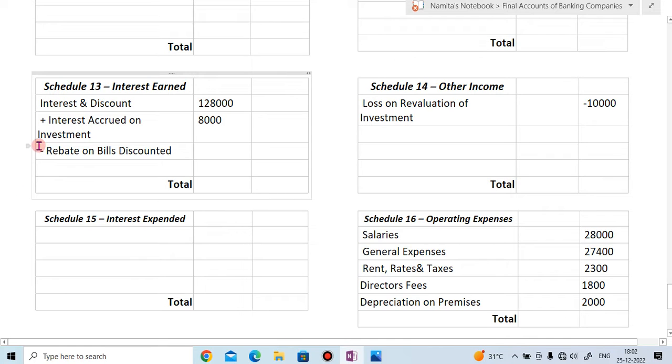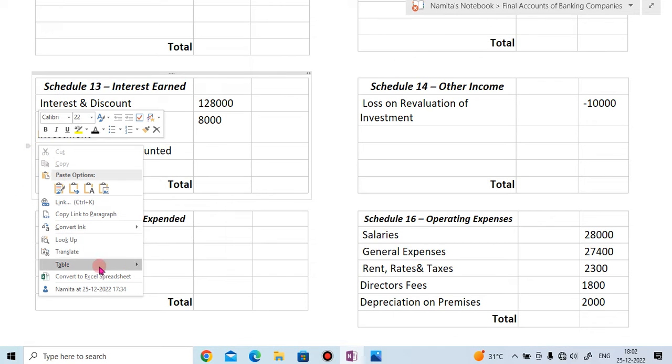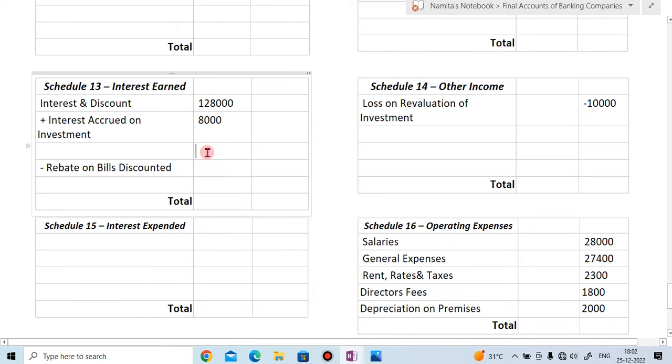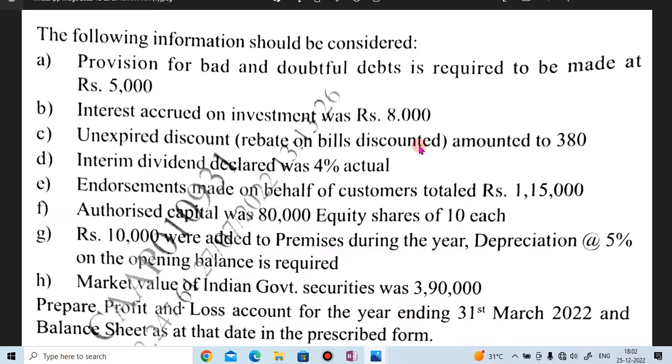So total will be how much? 1,28,000 plus 8,000, 1,36,000, okay. Now from this there is one more adjustment, adjustment number C, unexpired discount, rebate on bill discounted amounted to rupees 380.